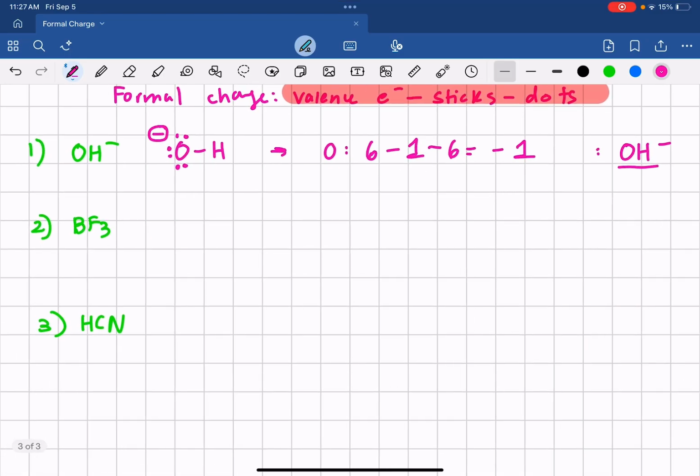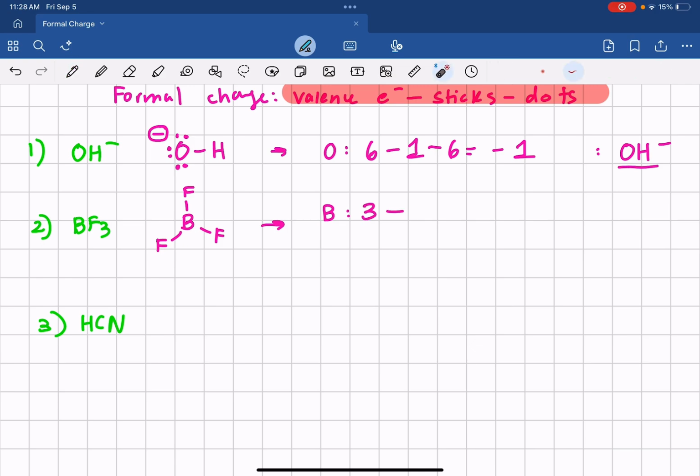Let's go ahead and do the second example. B is connected to 3 fluorine atoms. Let's calculate each of its charges. So boron has 3 valence electrons.